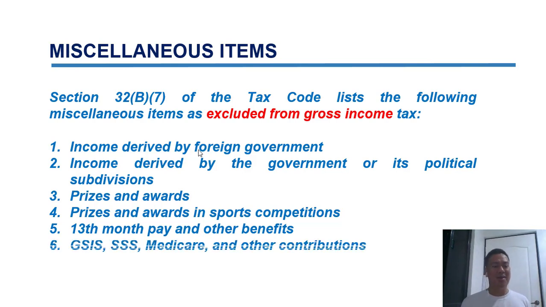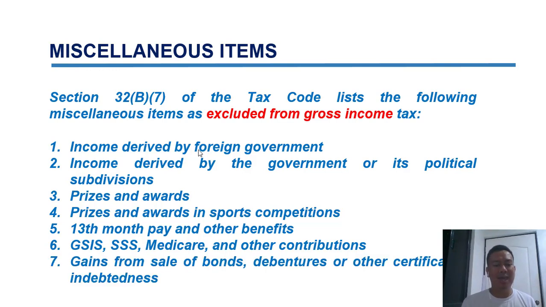Next, we have the GSIS, SSS, Medicare, and other contributions. Yung mga contribution diyan sa mga agency na yan, they are also excluded from the gross income. And gains from sale of bonds, debentures, or other certificates of indebtedness. Kung nangailangan si government, nagbebenta siya ng mga government bonds.